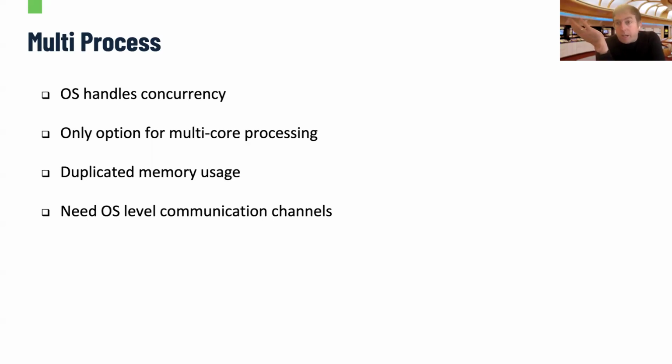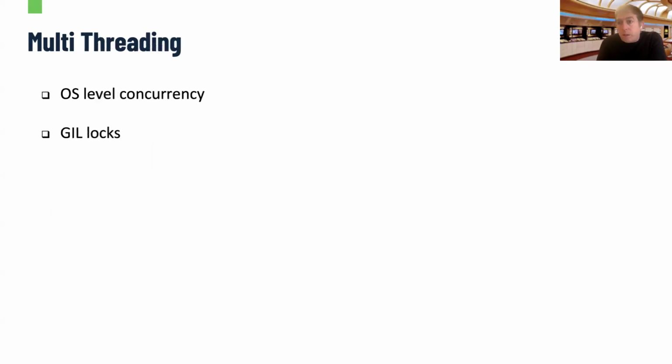And in order to communicate between the different Python processes, you need OS level communication. So pipes and files and other ways of multi-process communication. So you'd say, okay, maybe we can do it some other way. There's also multi-threading in Python. This is nice.